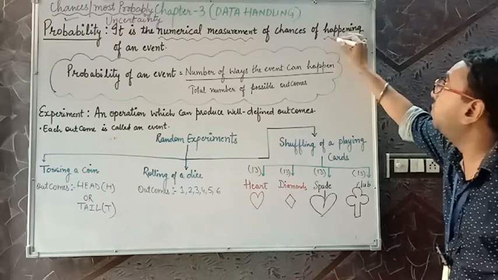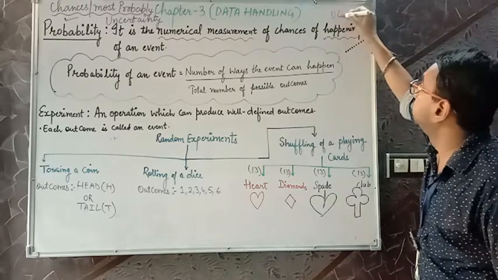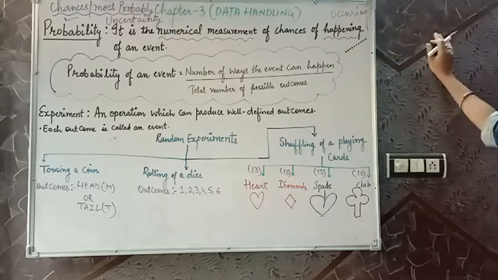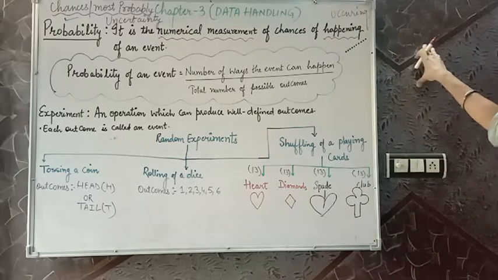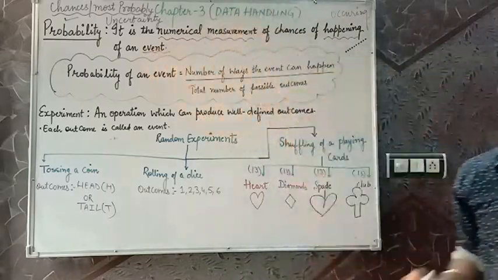Like if any event will happen in the future, what are the chances? What is the numerical measurement for this thing? Event always happens or occurs. Do remember these two words will be prominently used in this chapter: happening or occurrence of an event. Clear? Now let's see what is an event according to us.